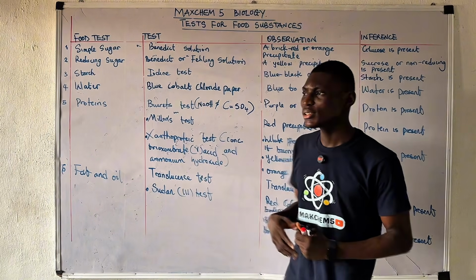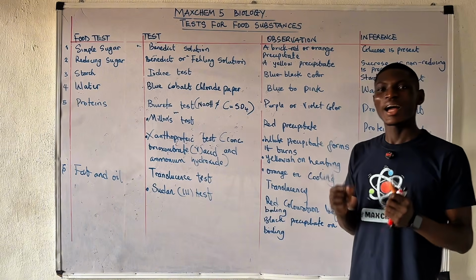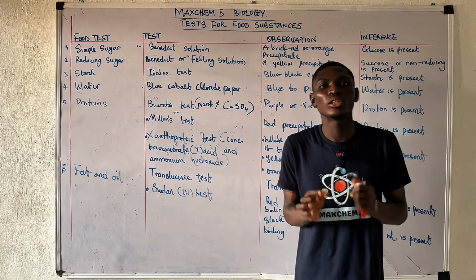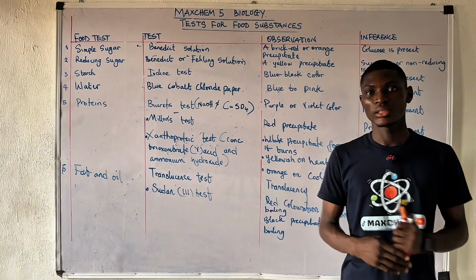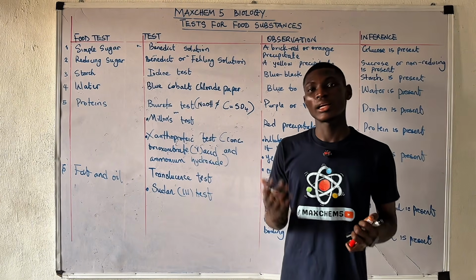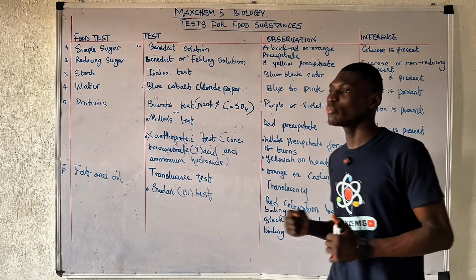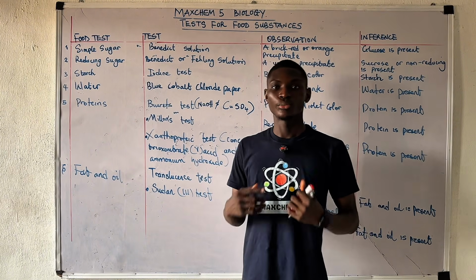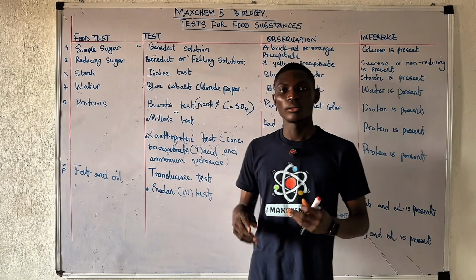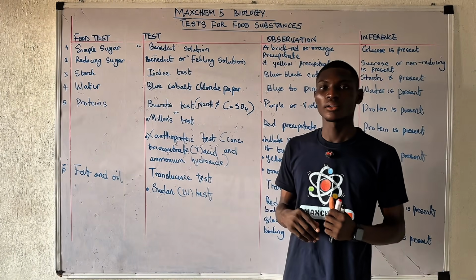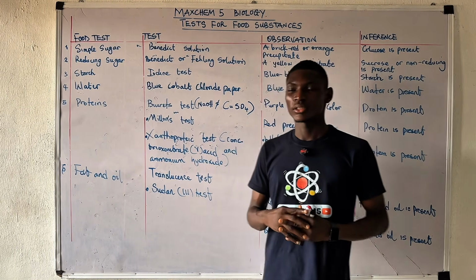There are some substances in food. Those substances are actually what gives the body nutrients for all those processes as I listed earlier on. And those nutrients, those substances, can be carbohydrates, proteins, fat and oil, mineral salt, water, vitamin, and roughages.